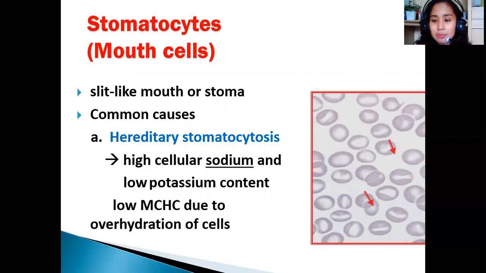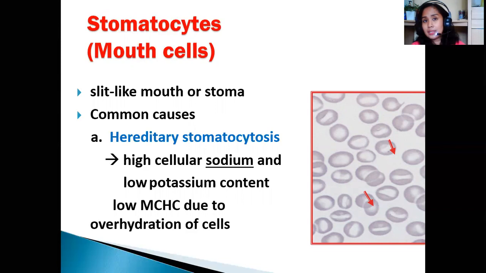So, inside the red blood cell, the normal is potassium in, sodium out. Diba normal yun? Potassium should stay inside your red blood cell, outside is your sodium. Pero class, pag may hereditary stomatocytosis ka, your sodium tends to accumulate inside the red blood cell.